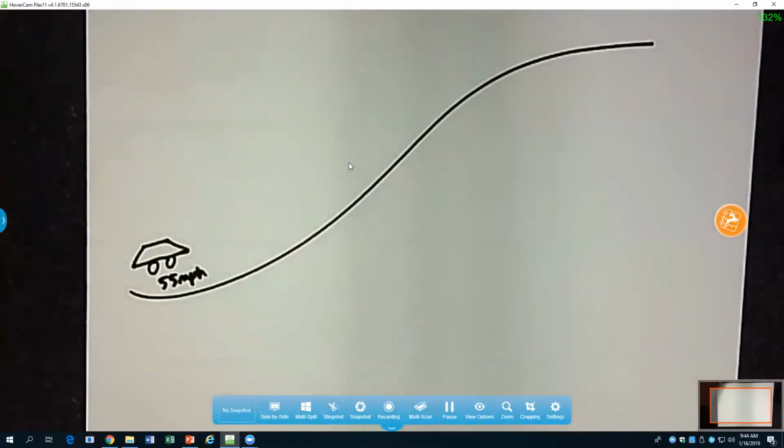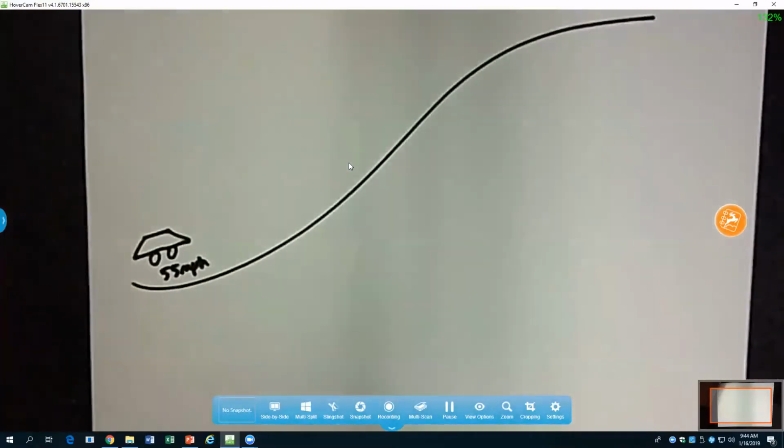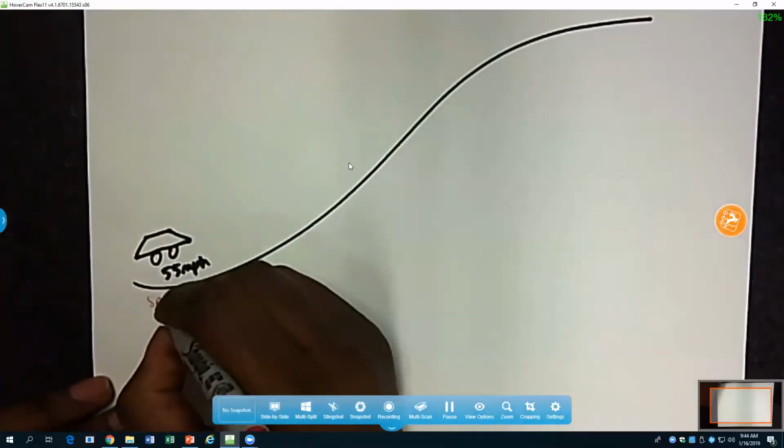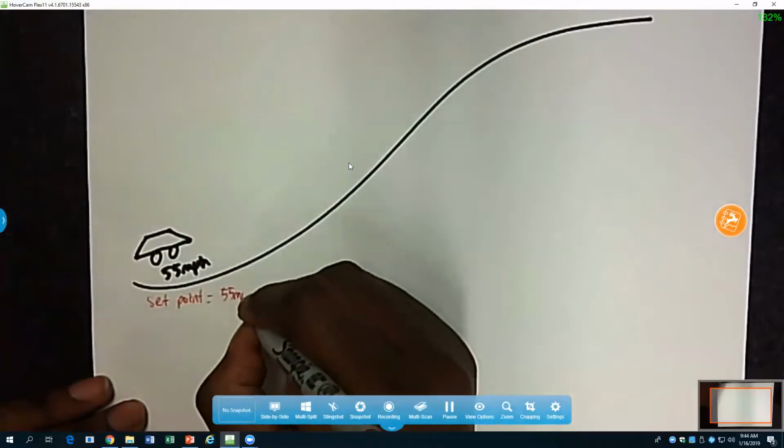That cruise control represents the speed that we want to maintain. We don't want to go faster than 55 miles per hour, and we don't want to go slower than 55 miles per hour. We're going to call that the set point. So our set point equals 55 miles per hour here.